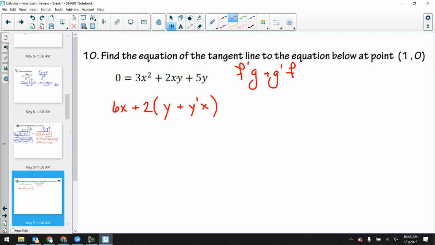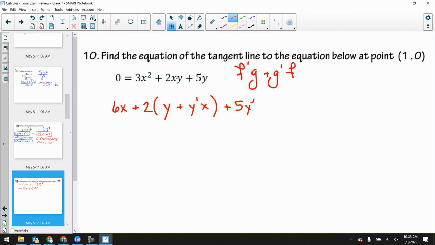Yes, I will have to distribute that too in a second, but just wanted to show it based on that. And then plus 5y. What's the derivative of 5y? 5y prime. Yeah, the y can't go away because I'm finding the derivative with respect to x. That's why this one's a weird one. 5y prime.